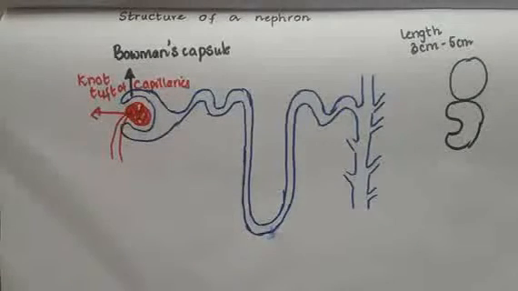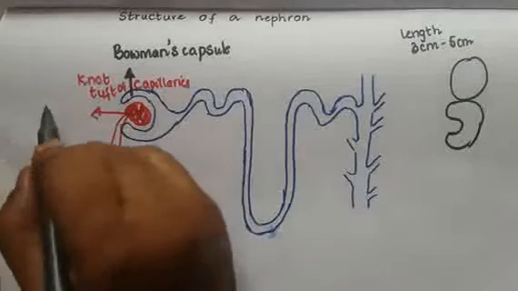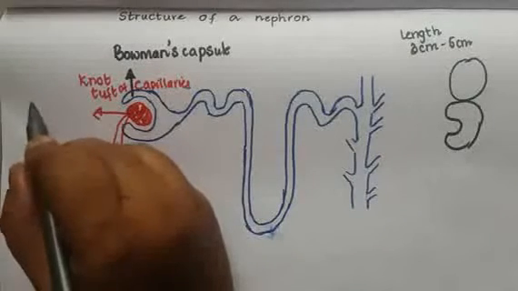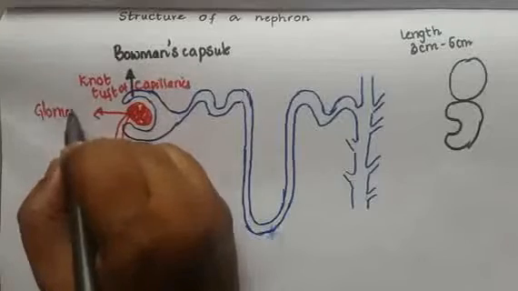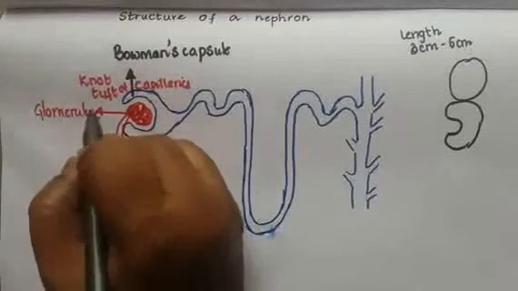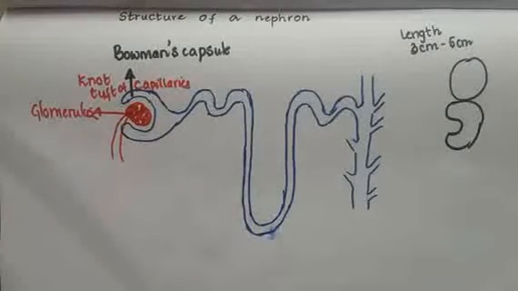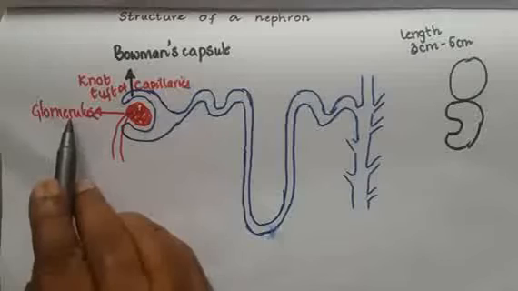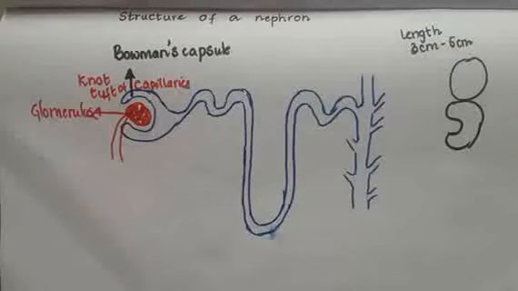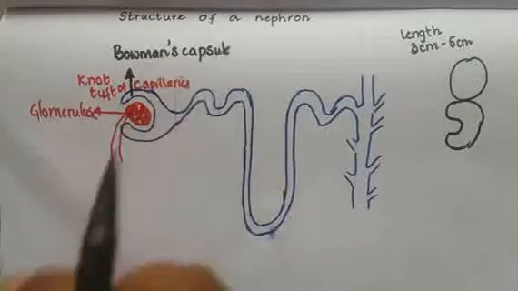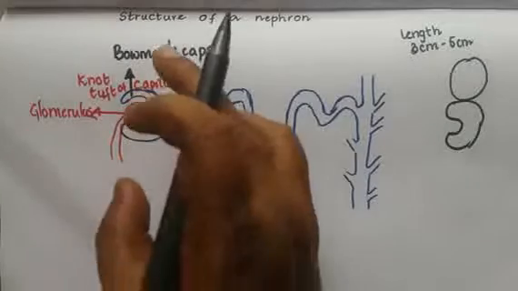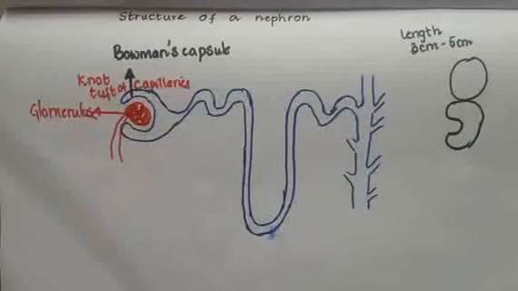This tuft of capillaries is known as the glomerulus. What do we call it? We name it the glomerulus. So what is a glomerulus? Glomerulus is a tuft of capillaries lodged in the cup-like structure, or the concavity, of a Bowman's capsule.